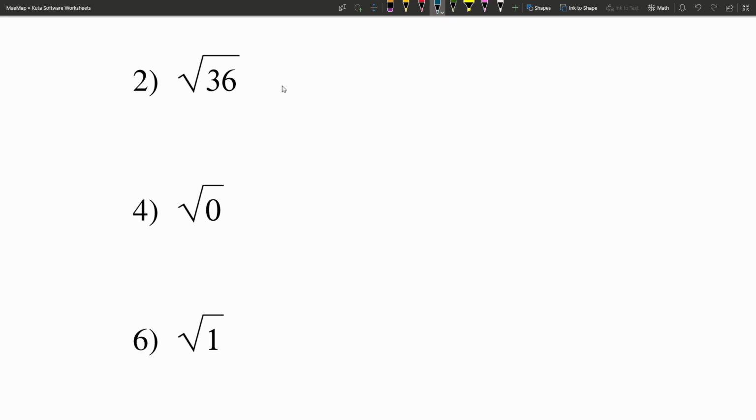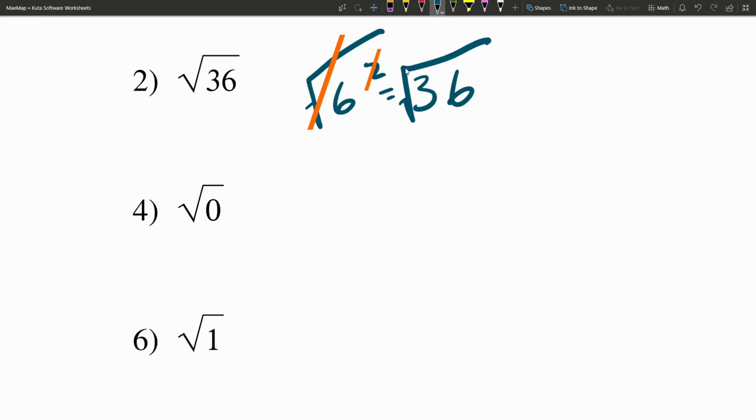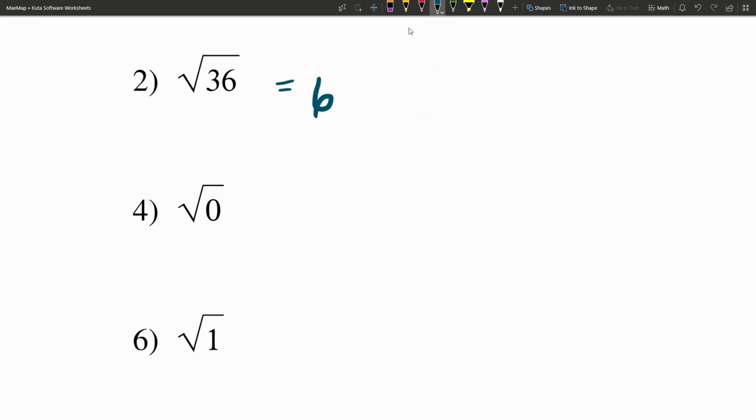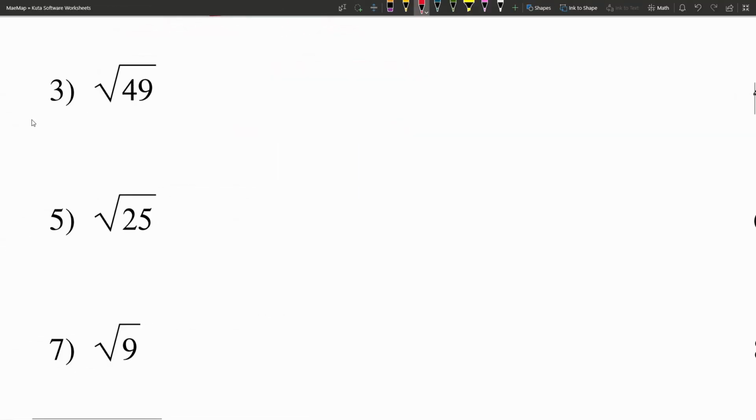That's going to be a 6. 6 squared equals 36, so the square root of 6 squared is the same as the square root of 36. So 6 is our solution in number 2, because 6 squared equals 36, and the square root of 36 equals 6.